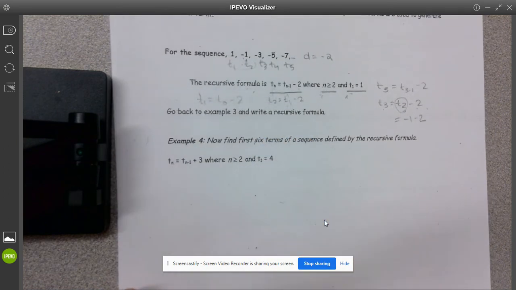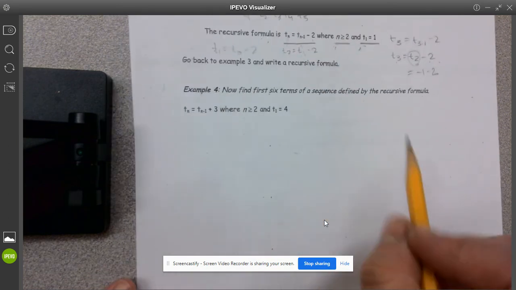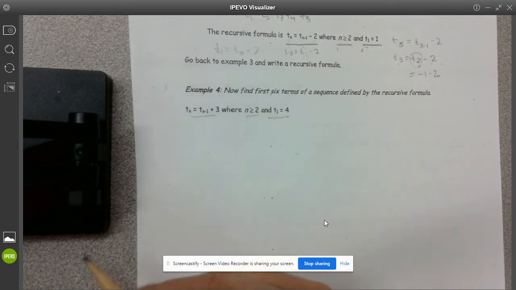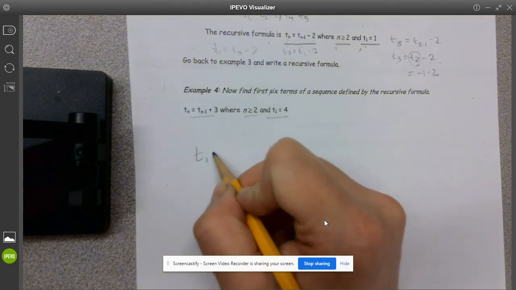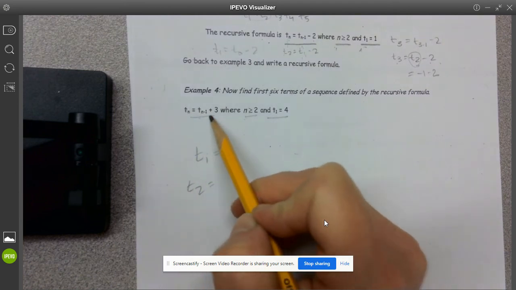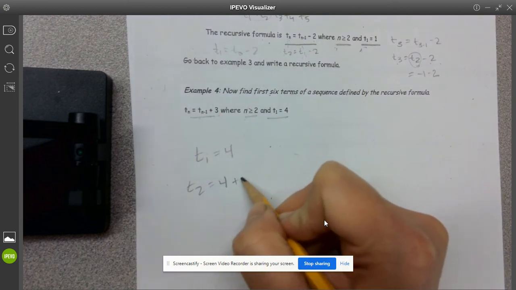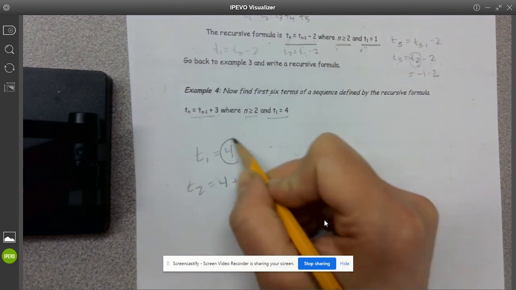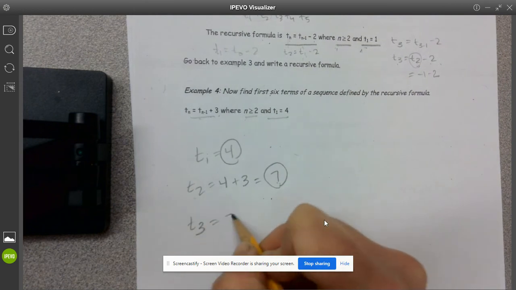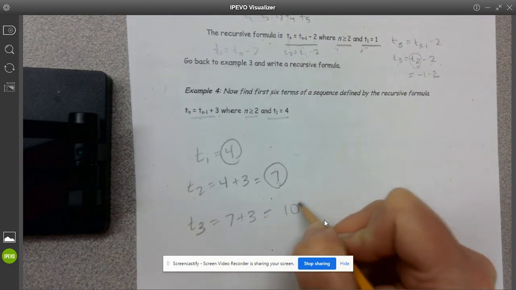It says, now find the first 6 terms of a sequence given with a formula. So now we have a formula, and we need to find 6 terms. It says the first term is 4. The second term is the first term plus 3, so 7. The third term is the second term plus 3, which is 10.